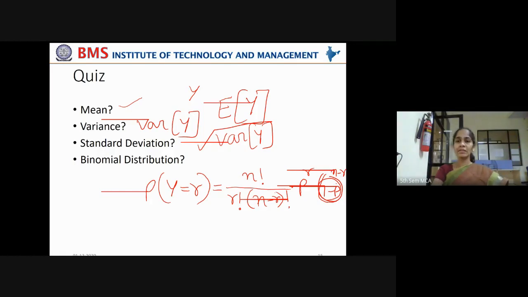This is called the binomial distribution. This is how you calculate the probability of r by using binomial distribution.